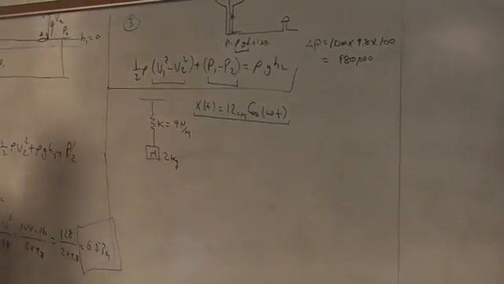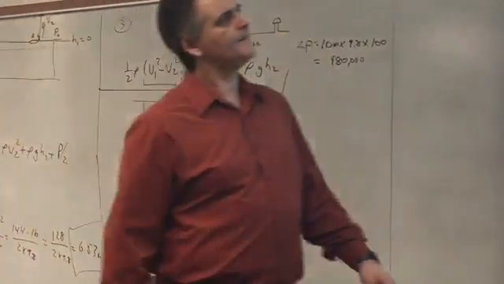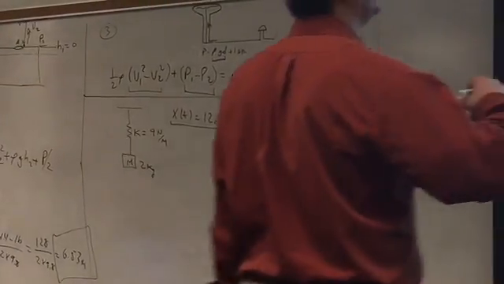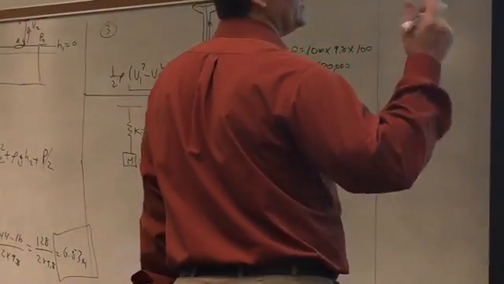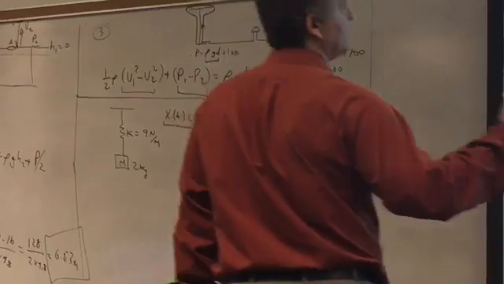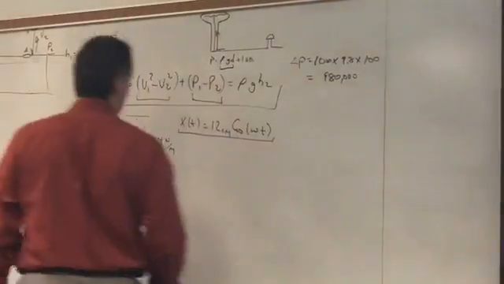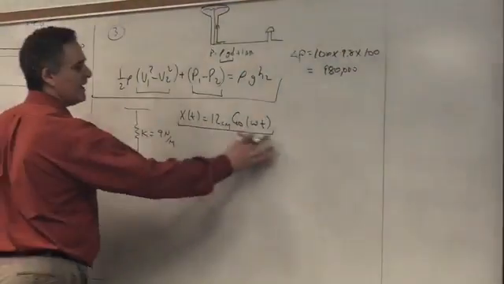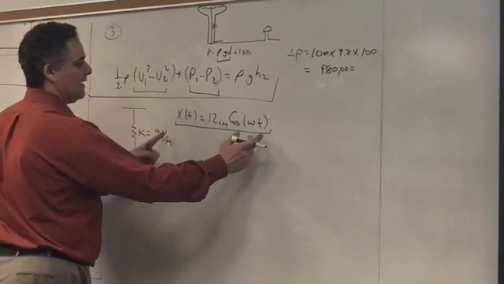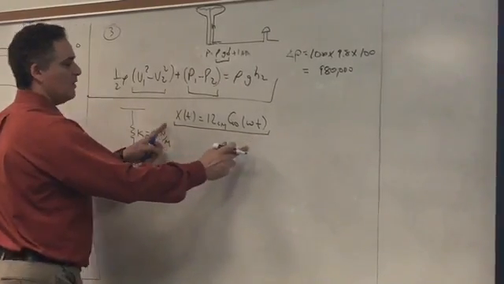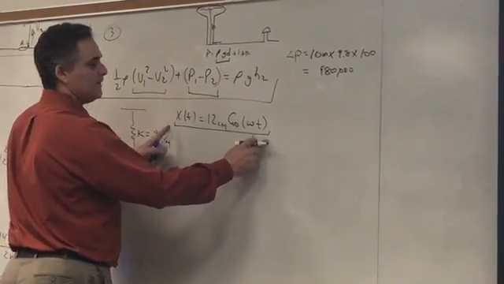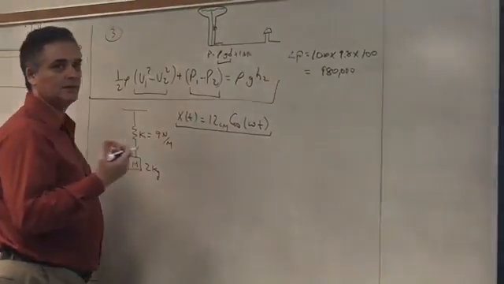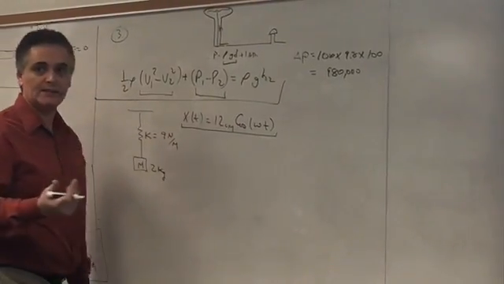First thing it's asking for is, determine the angular frequency, the amplitude, the frequency, period, maximum velocity, total energy. So first off, if this is my displacement curve, what's the maximum value of this? The maximum value is when cosine is equal to 1, right?